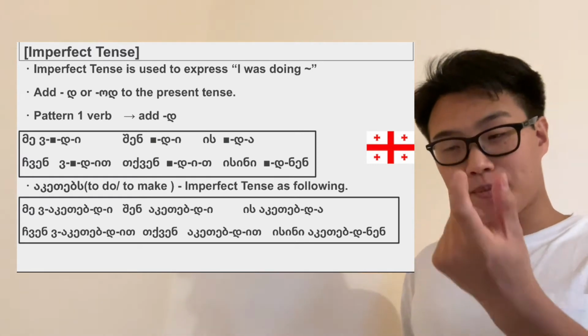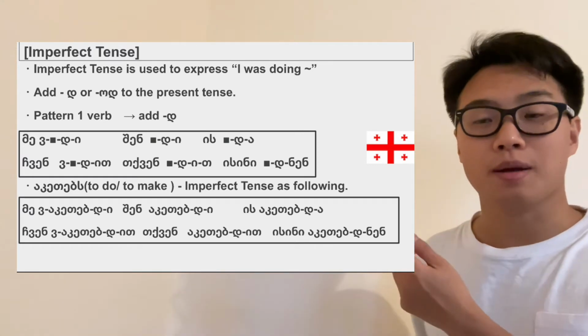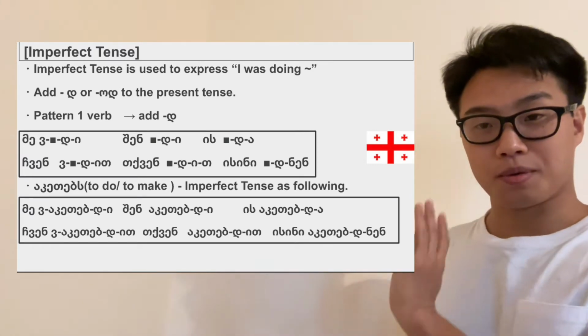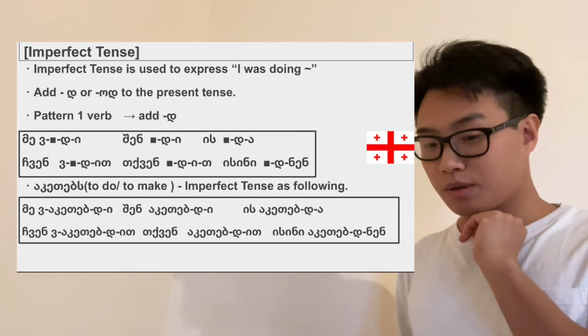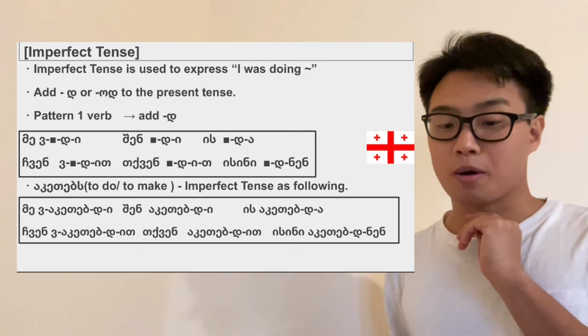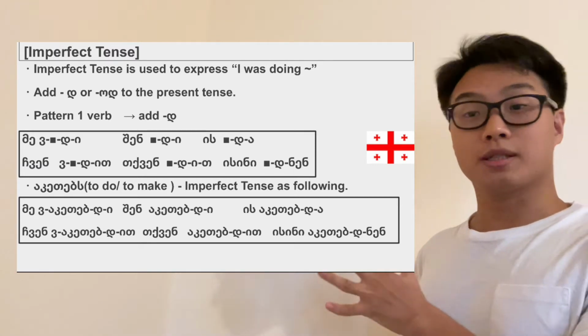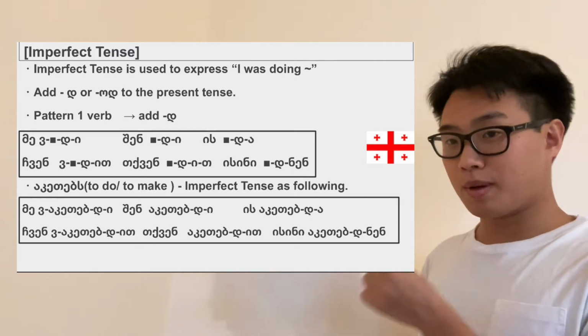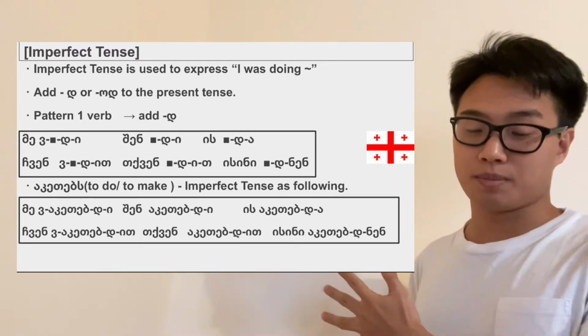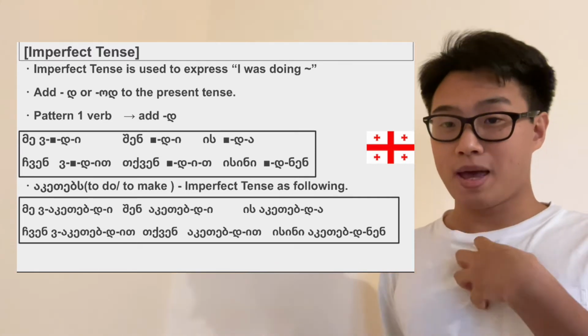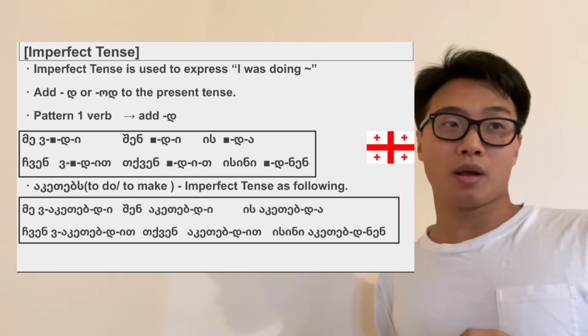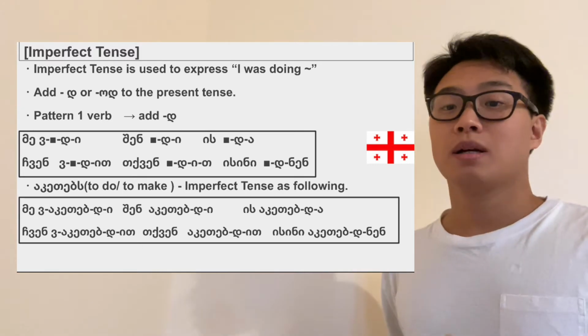But this is like a theoretical thing. So let's take a look at the actual verb, aketebs, to do or to make, right? This is a present tense, so we have to make the imperfect tense from this one. So for example, me, if you want to say I was doing, I was making.